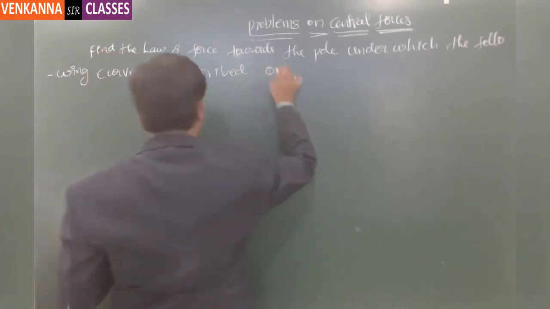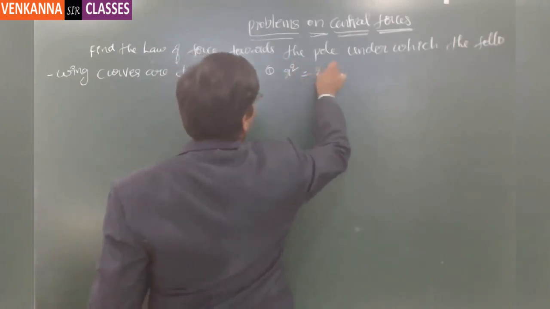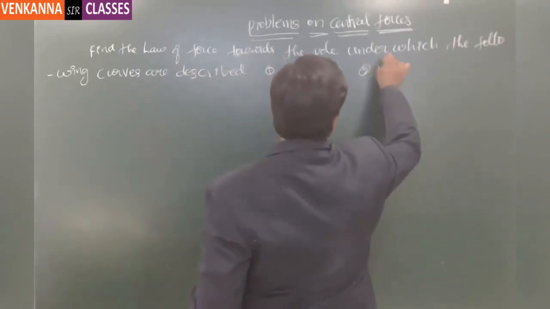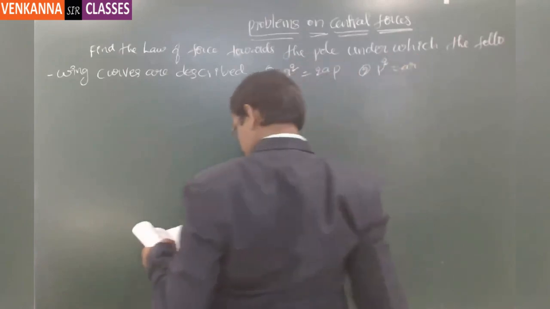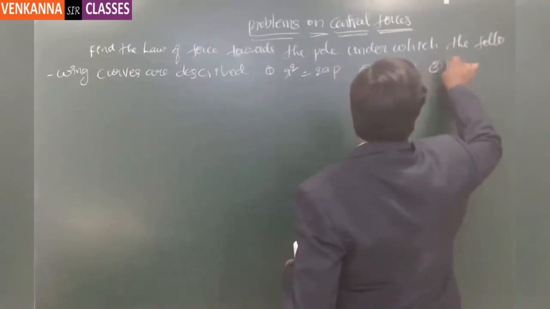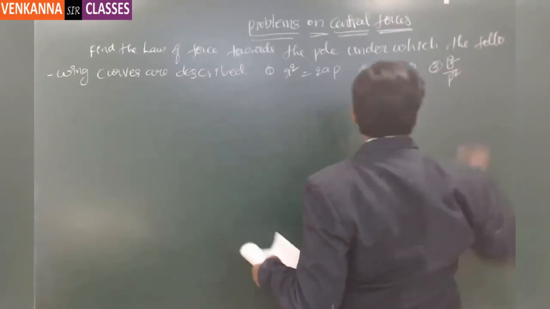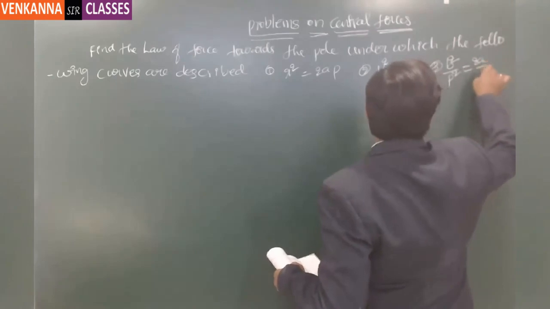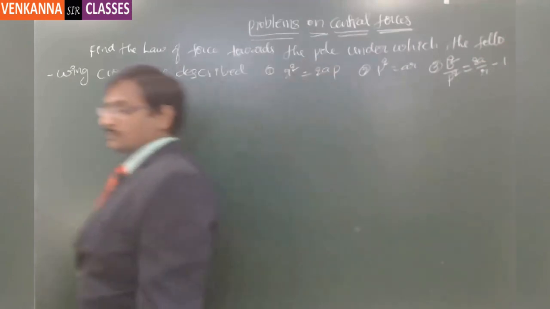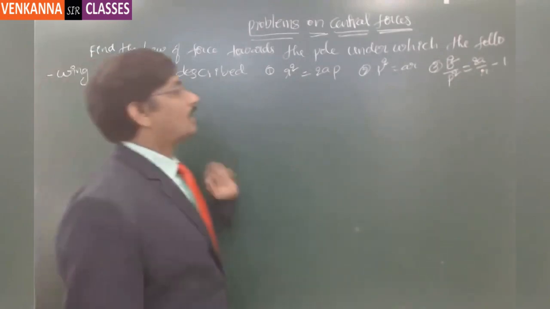In that, the first one is r square equal to 2ap, and p square equal to ar, and the last one is b square by p square equal to 2a by r minus 1. So for this relation, we have to find out the law of force.